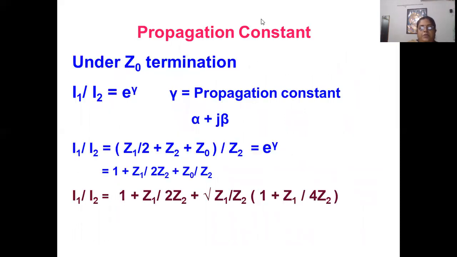Here we have denoted the propagation constant. Under Z0 termination, we have taken the propagation constant I1 upon I2 equal to e to the power of gamma, where we have taken the propagation constant in terms of the impedances.